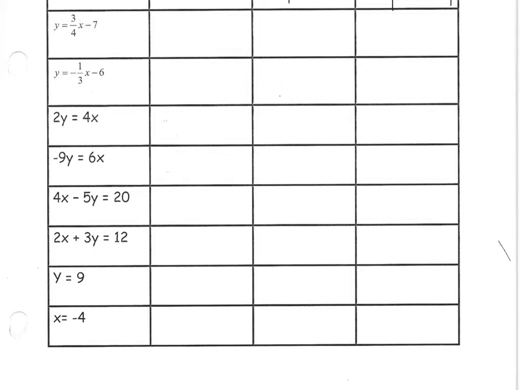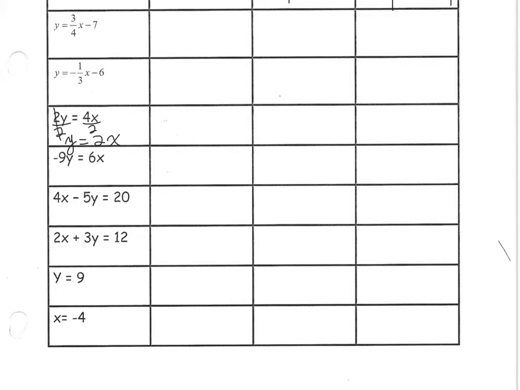To get y by itself, we've got to get rid of that 2. So this is 2 times y. To get rid of it, we do the opposite. So instead of multiplying, we're going to divide by 2. If I do it to one side, I've got to do it to the other. So my new equation, those 2's cancel out. I get y equals 4 divided by 2 is 2. My x doesn't change, so my new equation is y = 2x.